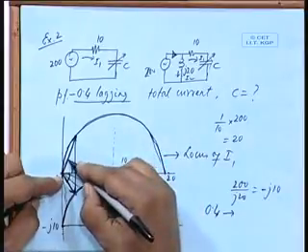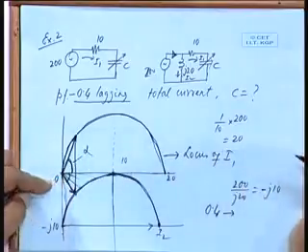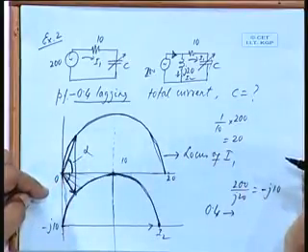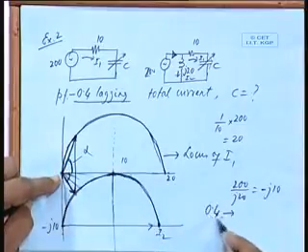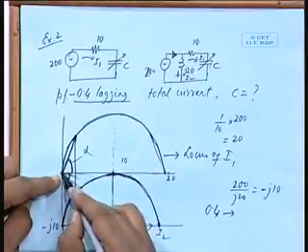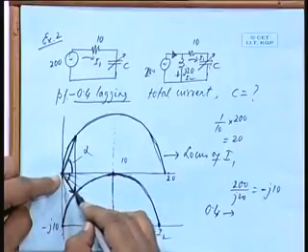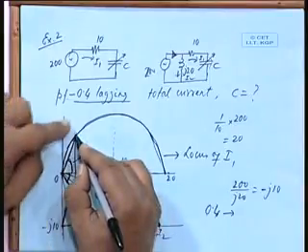Measure this angle, suppose that angle is alpha. How to get alpha? First, take the given power factor, draw the corresponding angle here, and then find the current. From there you draw a vertical line and reach here.